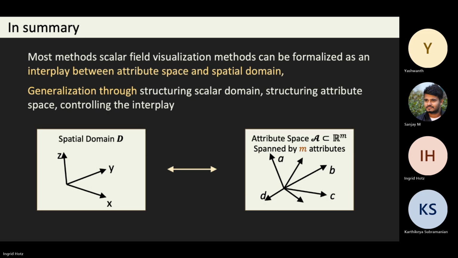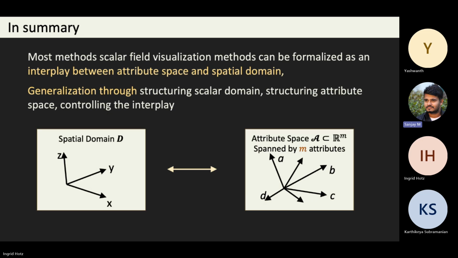So, in summary, I think many of the successful methods in scalar field visualization can be modeled as an interplay between the main spatial domain and the attribute space. By structuring the domain, this is mostly due to features, you get hold of what to show in terms of element sets or what transfer function.